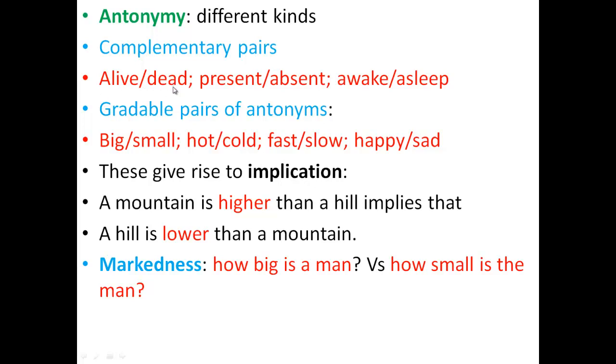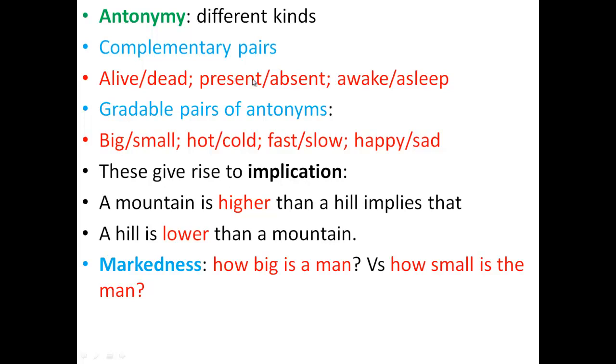But if I reverse the pattern here, I say X is not alive, it means automatically that it is dead. So, in a formal way, we can say the assertion of the one leads to the negation of the other, and at the same time, the negation of the one leads to the assertion of the other.